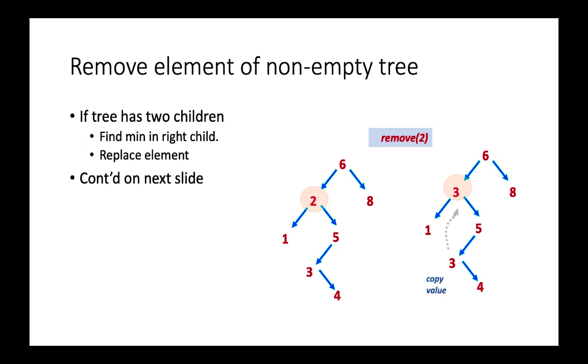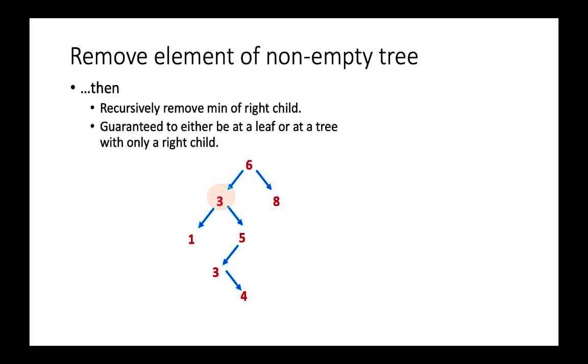And everything on the right is, because this was the smallest thing on my right, then even if there are things that are just as small, there's certainly nothing smaller than the smallest thing on my right. And so everything on my right is still bigger than what's at the top. And then I take away that smallest thing from my right to account for the fact that it moved.